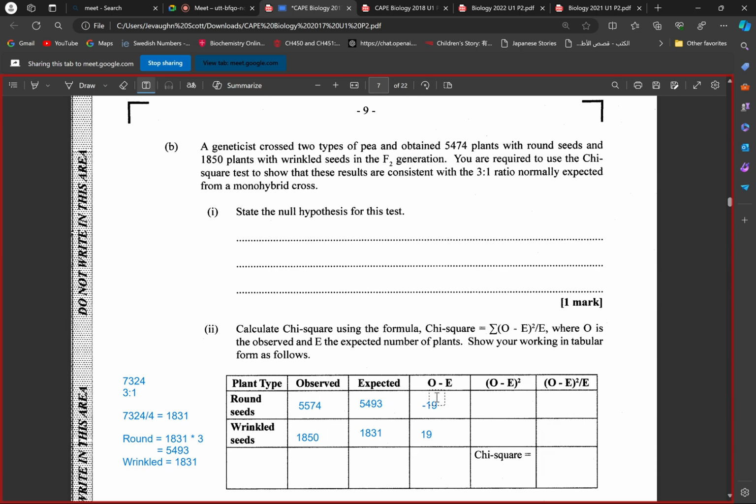Let me check. It would be 5,574 minus 5,493, observed minus the expected.